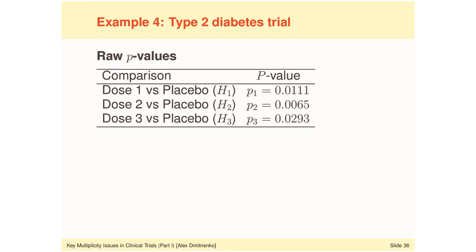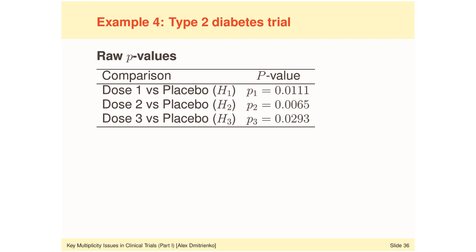Let's now return to the type 2 diabetes example, which is example 4, to show how to compute and interpret adjusted significance levels and adjusted p-values. This table summarizes the so-called raw or unadjusted p-values produced by each individual test, each dose compared to placebo, and as before, these are the one-sided p-values for each dose placebo comparison.